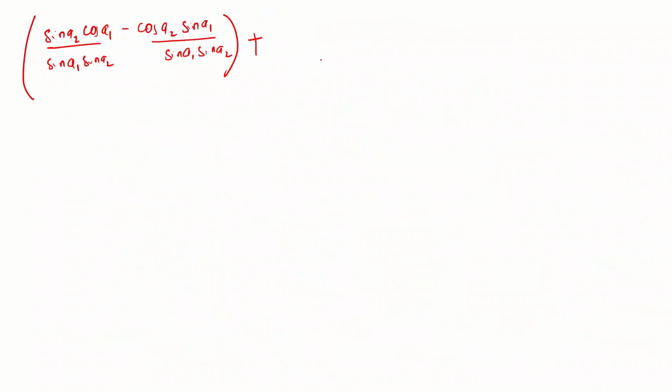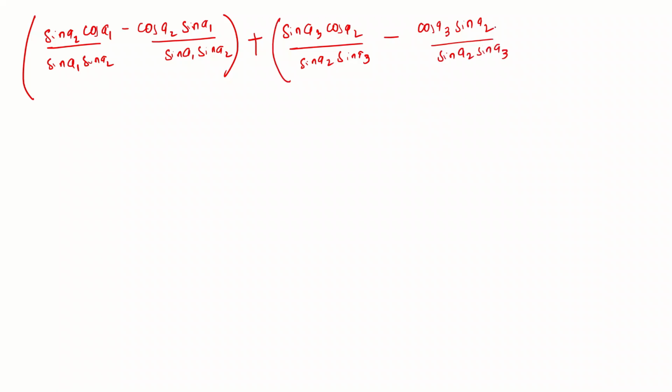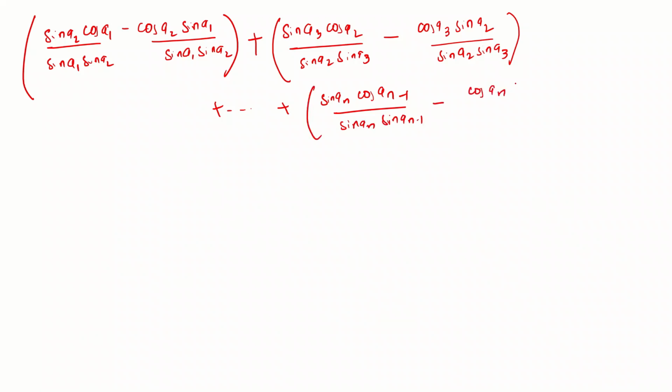So we get sine a3 cos a2 divided by sine a2 sine a3, minus cos a3 sine a2 divided by sine a2 sine a3, and again we put it inside a bracket, and then all the way up to the last term, which will be sine an cos a(n-1) divided by sine a(n-1) sine an, minus cos an sine a(n-1) divided by sine a(n-1) sine an.